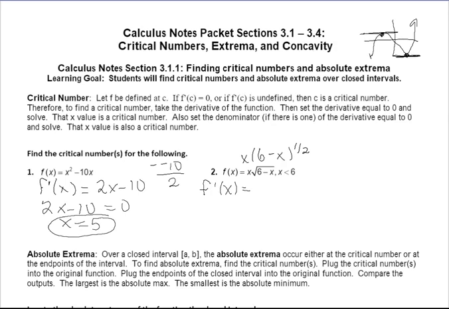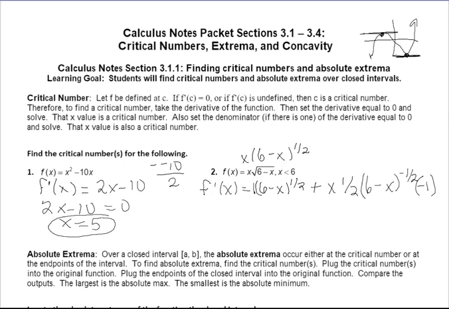So anyway, we're going to do derivative of the first, which is 1, times the second, which is 6 minus x to the 1/2, plus the first, which is x, times the derivative of the second part, which would be 1/2 times 6 minus x to the negative 1/2. But then we have to do times the derivative of the inside on that chain rule, so times negative 1.